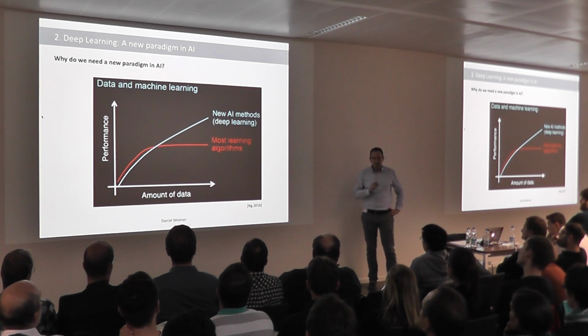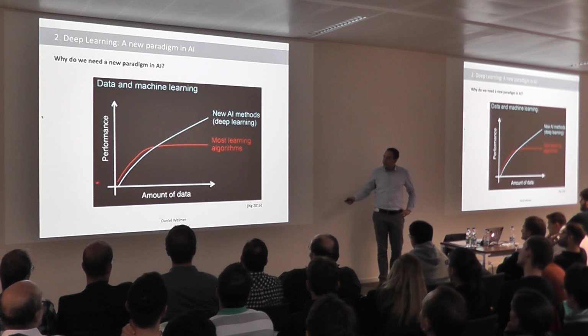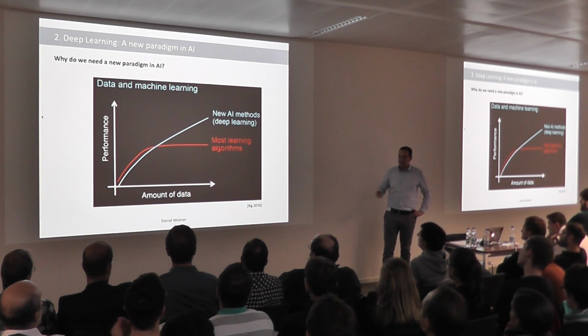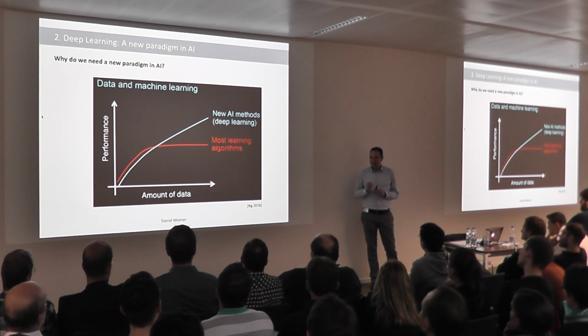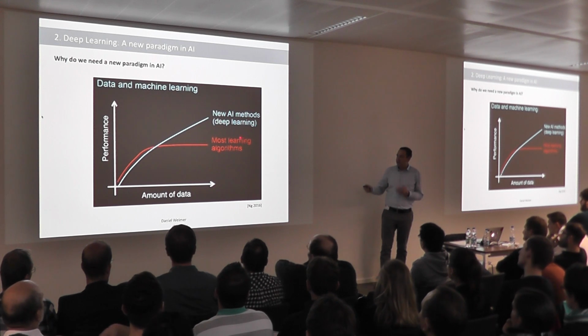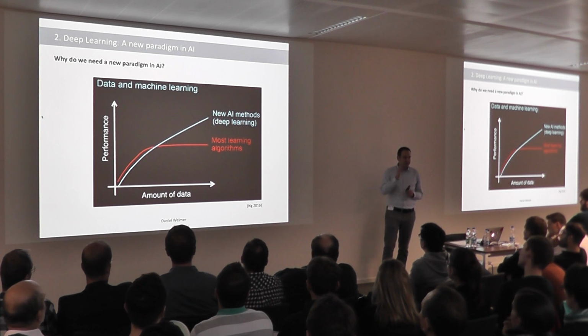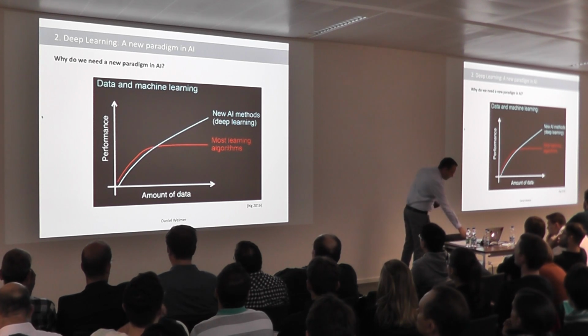This means even if you feed more data into the training phase, you will have no benefit with respect to performance. In contrast to that, deep learning scales with the data. The more data, the better the models. And in the era of big data, we all talk about big data. This is the key. Deep learning is the key because it scales with the data. This is very, very important information.